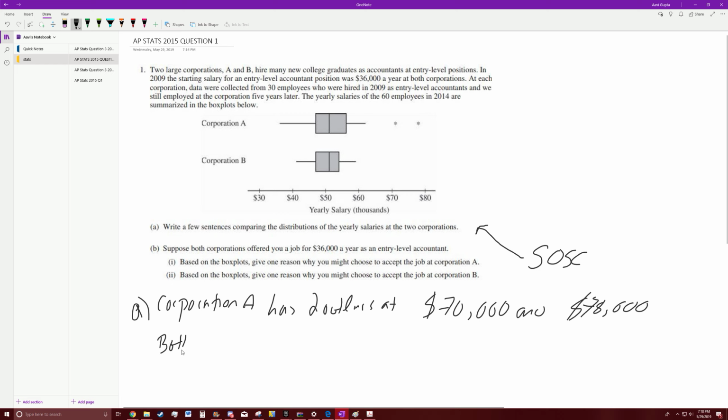Both corporations have a median salary of $50,000. Okay.